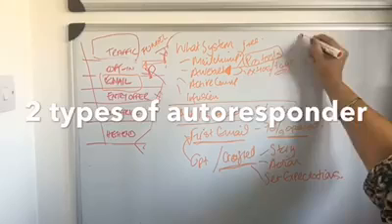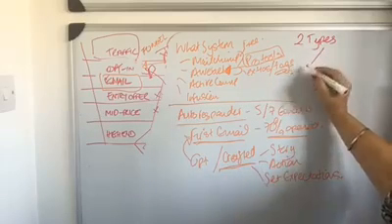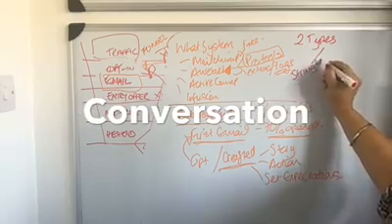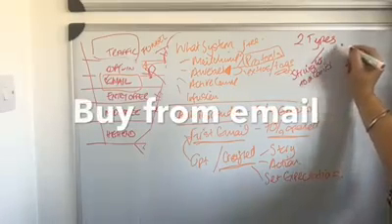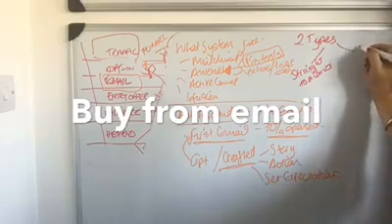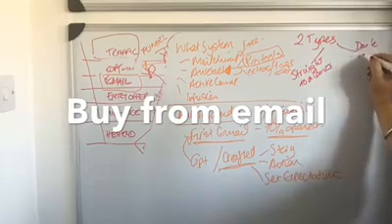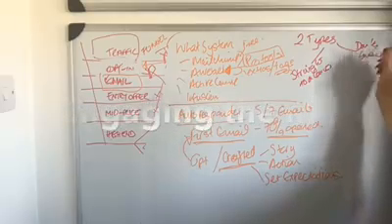There are two types of autoresponder. You've either got the straight to a conversation, or ones that are designed so that you actually don't have contact and that everything is very much they will buy straight from email.